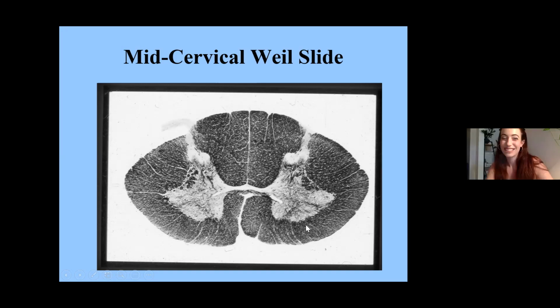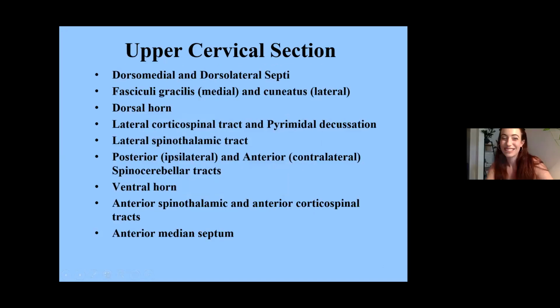Then we have the anterior spinothalamic, anterior corticospinal, anterior white commissure. So now we go up to the upper cervical level, and we have all of the things I just said before, but that much more in spades.